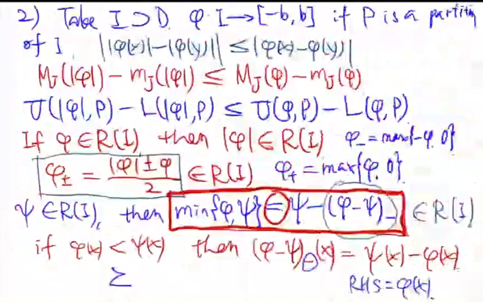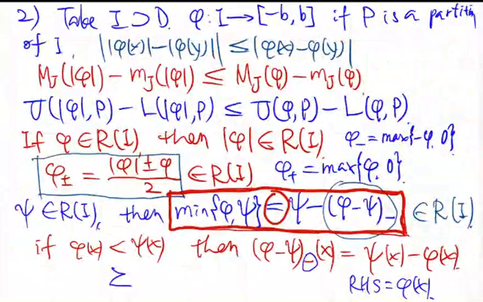Now, before proving this, we have used this page to discuss the relation of the integrability of a function and its absolute value function. Using absolute value, we can define the positive part and negative part. And using the positive part and the negative part, we can discuss the integrability of the minimum and the maximum of two integrable functions.